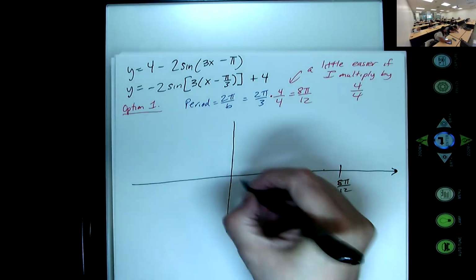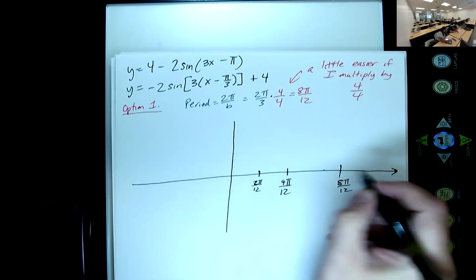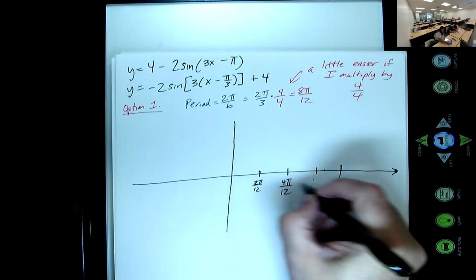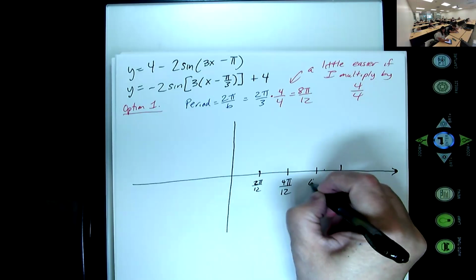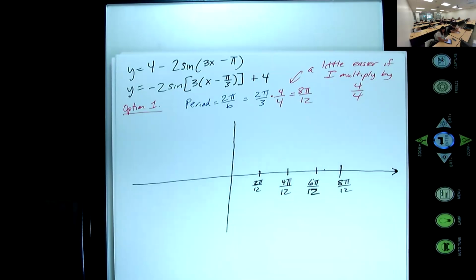And cutting this in half would be 2 pi over 12. And halfway between looks like it's going 2, 4, blank, 8. This is 6 pi over 12. These obviously reduce to simpler values, but it does make it easier to see what you're applying.